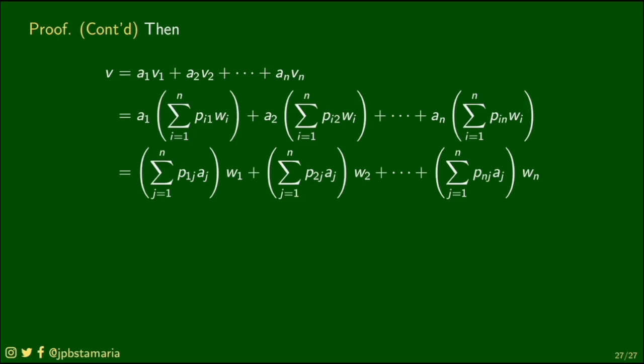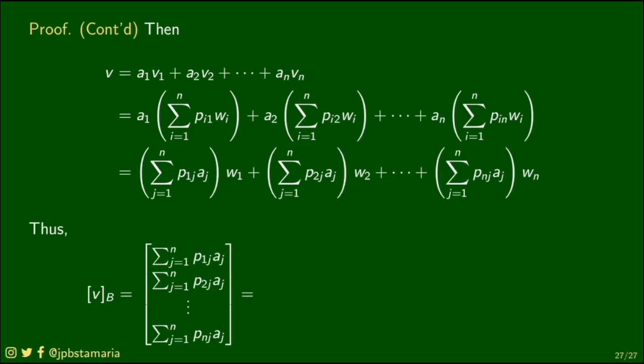Originally v was written as a combination of the vi's, but then I was also able to write this as a combination of the wi's. Hence, I know now the coordinate of v relative to the new basis B. The first coordinate is this, the second coordinate is this, the third coordinate is this.